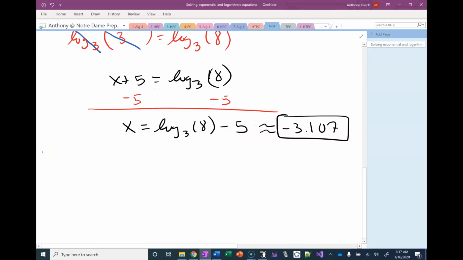So that's the first type of exponential solving problem we'll have to deal with, when you have the exponent just in one location. The second situation is where we have exponents in more than one location.